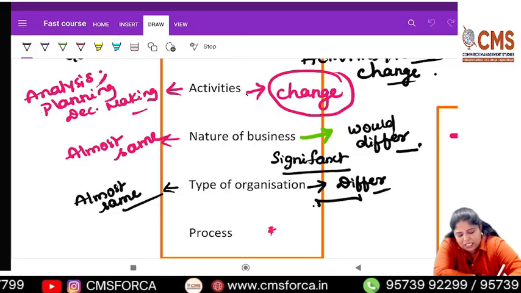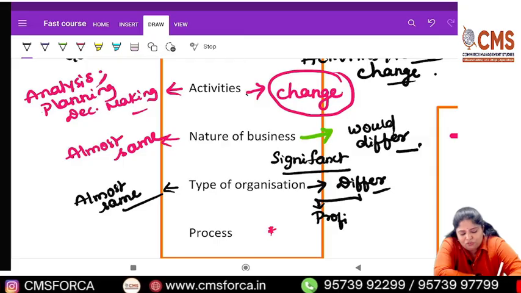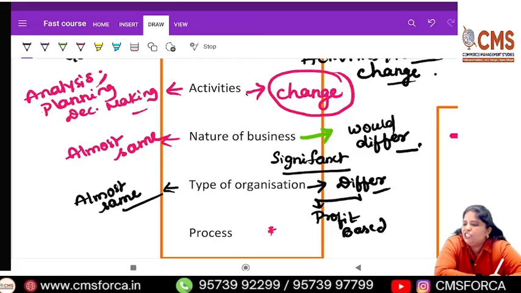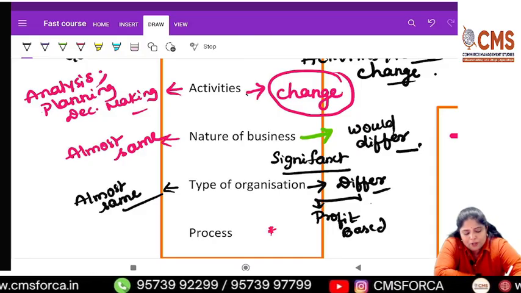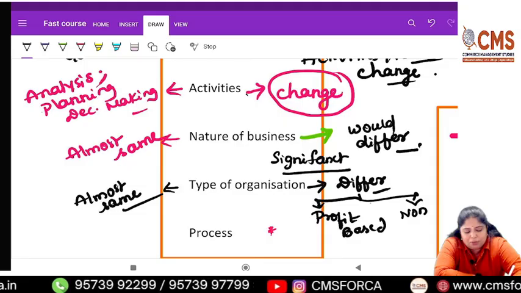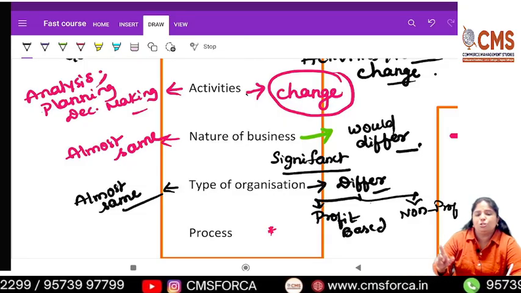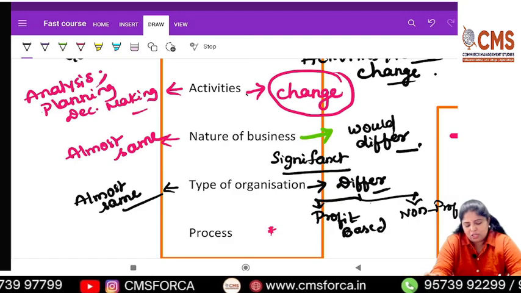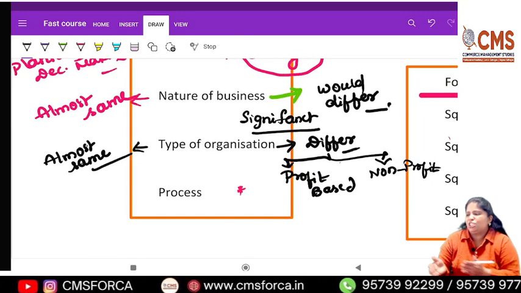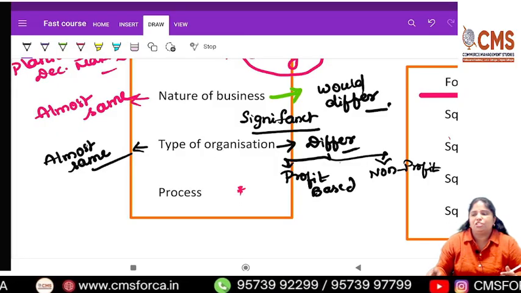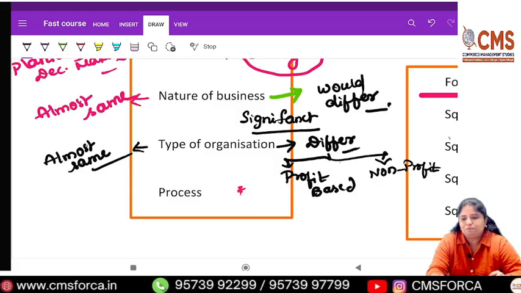Suppose, for example, it is a profit-based organization, then your methods of implementation would be completely different. Or a non-profit based organization, your approach to implement strategies should be different. So based on the type of organization, whether it's profit based or non-profit based, the approach of implementation must differ completely.